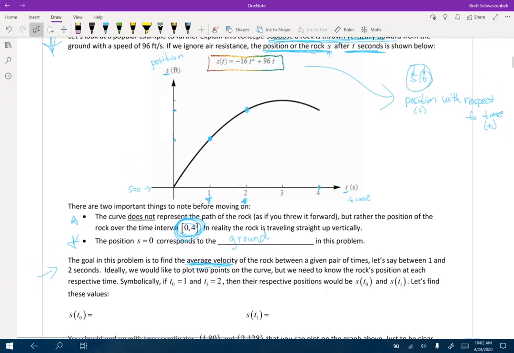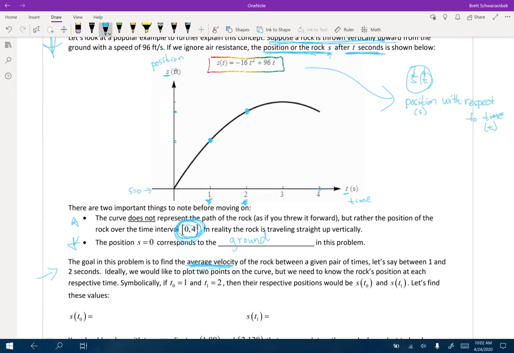Okay, so it says symbolically, if t sub 0 equals 1, and t sub 1 equals 2, the first time is t sub 0, the second time is t sub 1. Then their respective positions would be taking those variables and subbing them into the original equation right here.